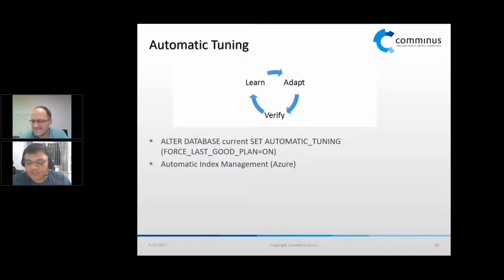And the second question is about automatic index management. One person is asking, isn't it also available in SQL Server 2017 and not only in Azure? No, this feature is for now only available in Azure. So do you think it will eventually roll into on-premises, or we don't have any idea?